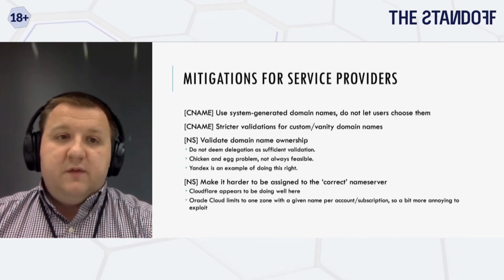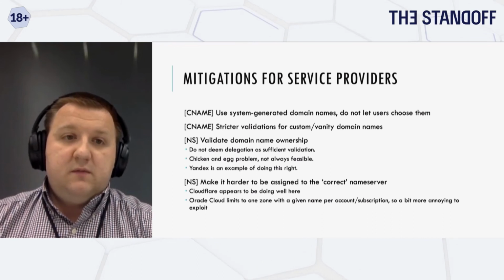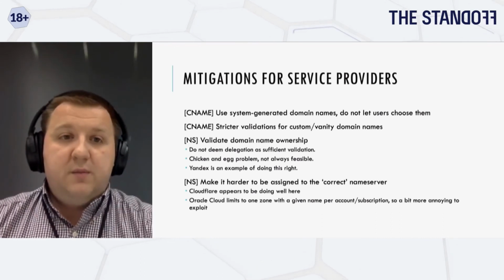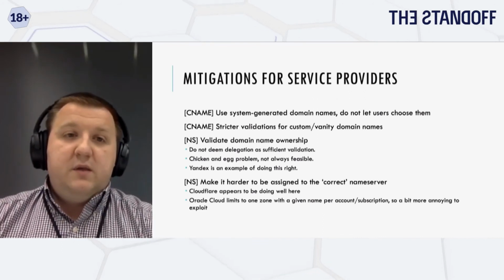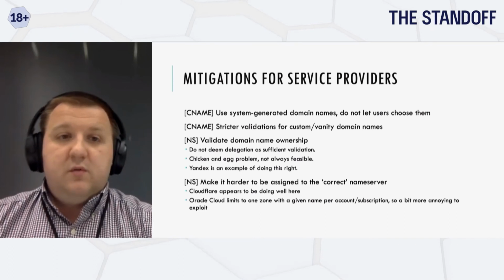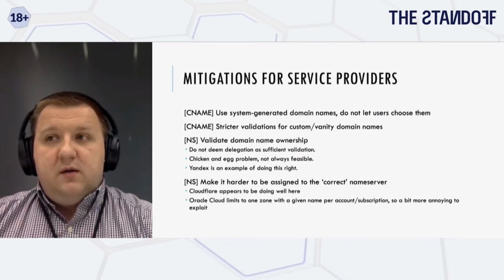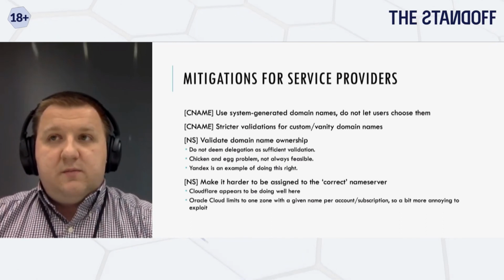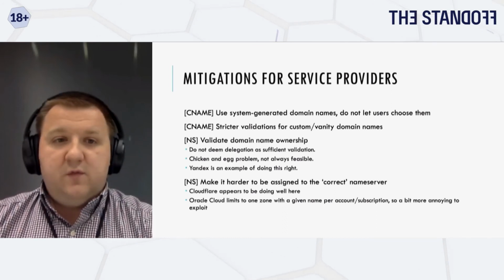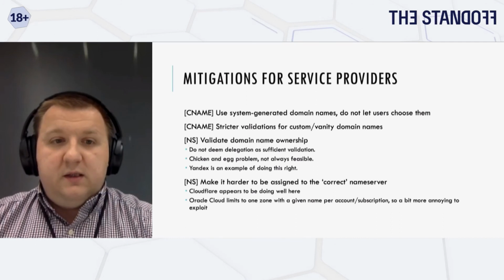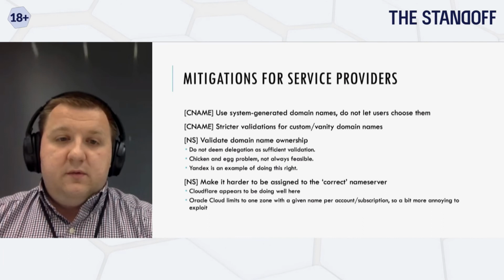If you do have custom domain names or vanity names, you gotta use structure validations, which means that you will need to check the way that mapping is being done. Like in my earlier example, we would benefit from having a more robust validation of ownership of my.website.com.